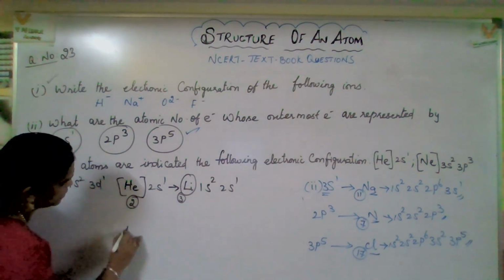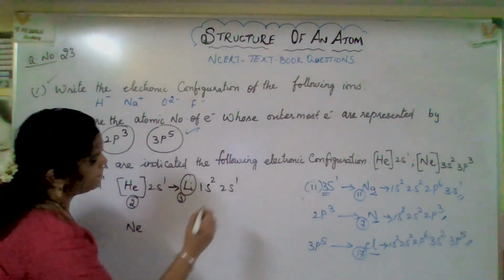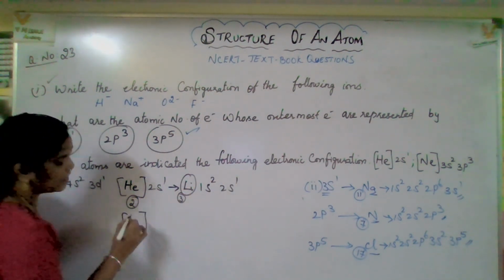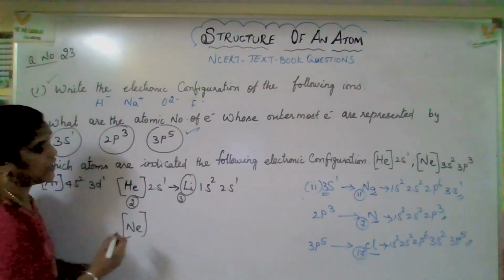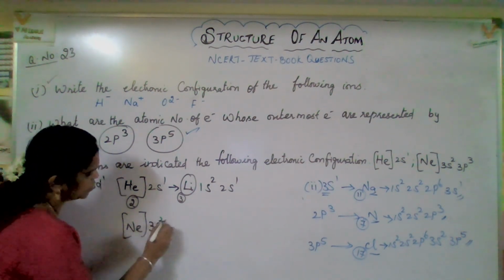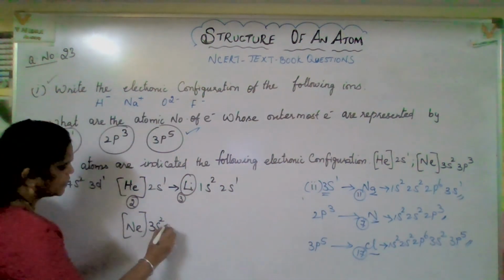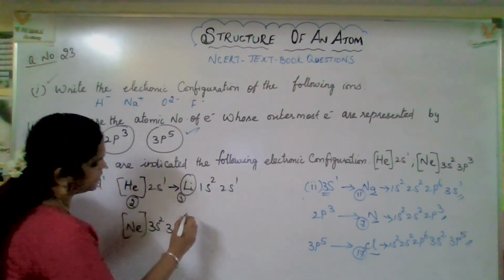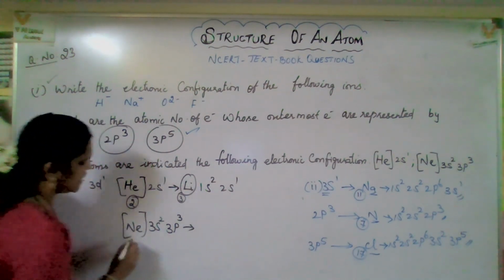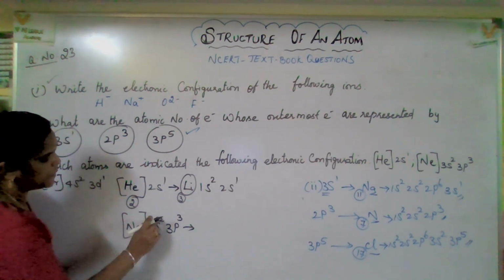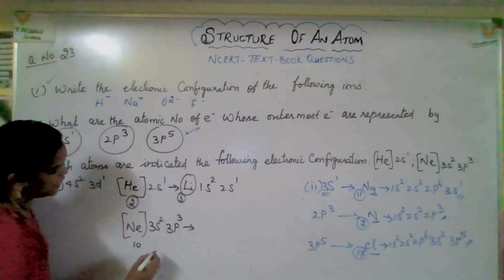Next one, neon. Ne, how many electrons? 10 electrons. Neon 10 electrons. 3s2. Neon 3s2, 3p3. Now you see this is 10 electrons. 10 plus 2, 12, 12 plus 3, 15 electrons.